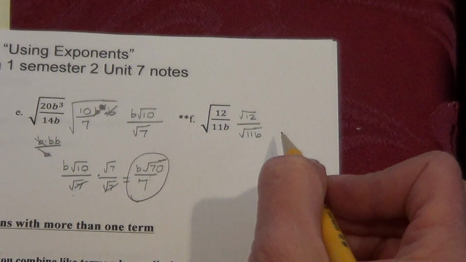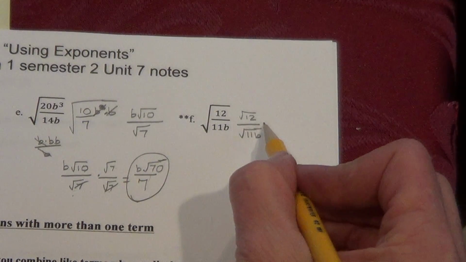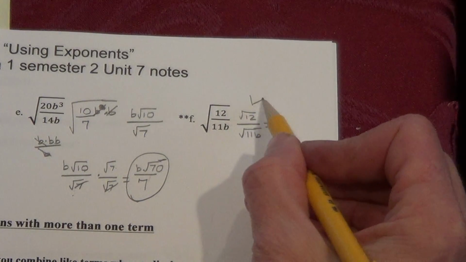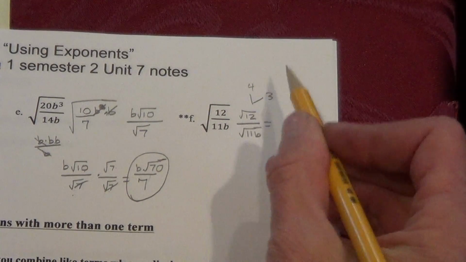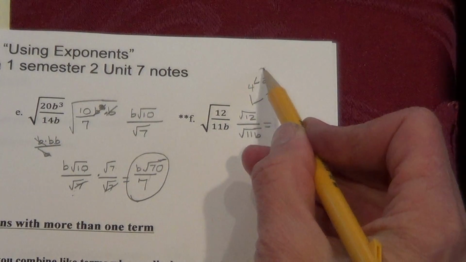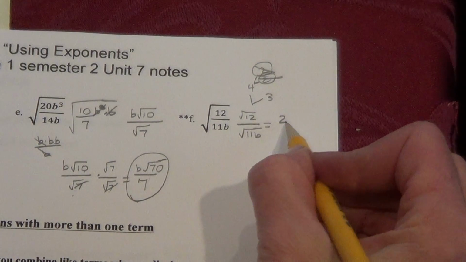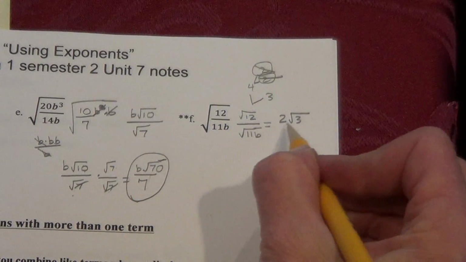Also, that 12 could be broken down some. So let's go ahead and break down the 12, and that would be 4 times 3. 4 breaks down to 2 and 2. So the 2's will get out. We'll have a 2 outside of prison and a 3 left in.